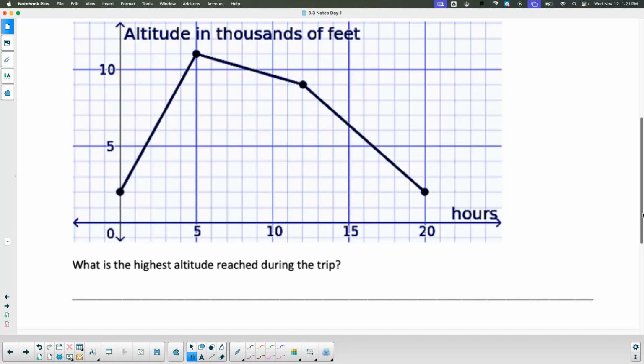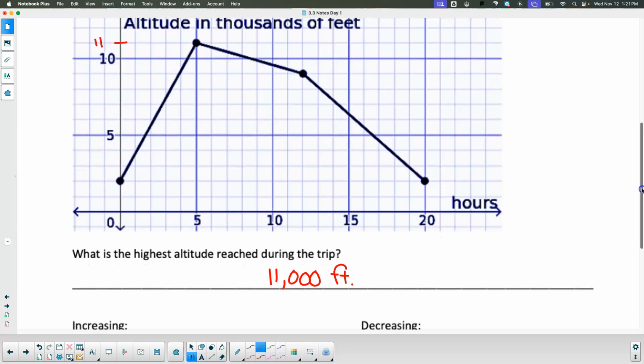Because the highest would be the maximum, which would be up here at 11, but altitude is in thousands, so that would be 11,000 feet. No, because it's not asking you for the point. It's asking for just the highest altitude.